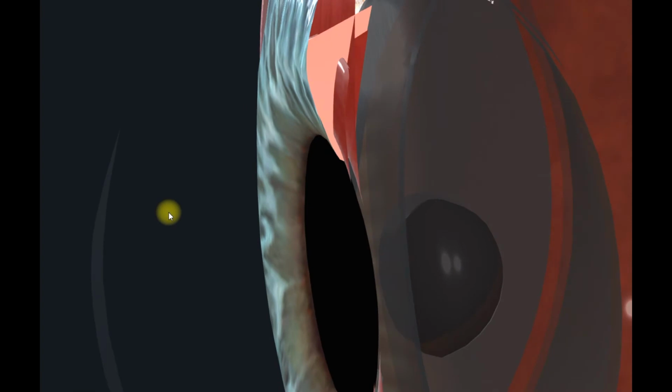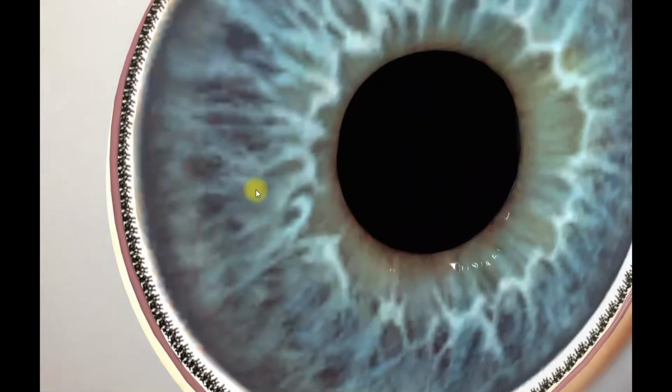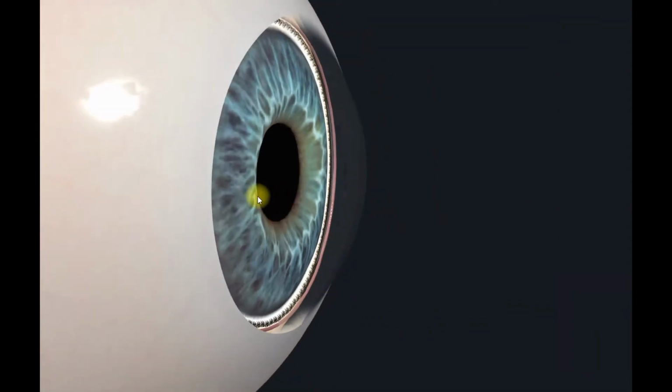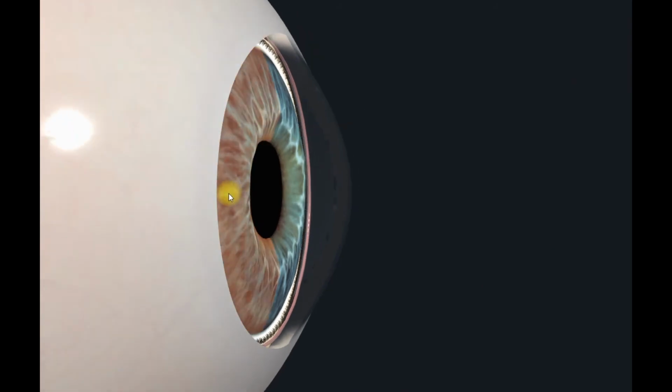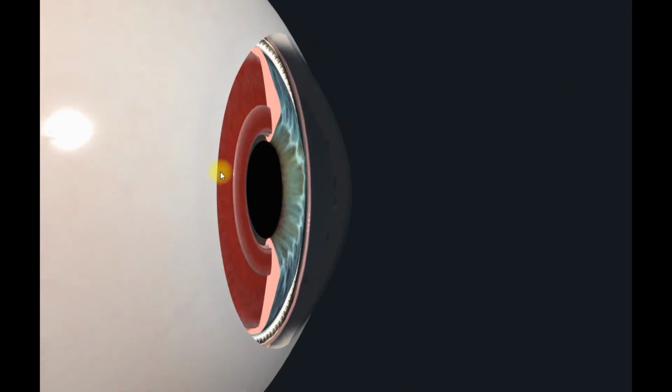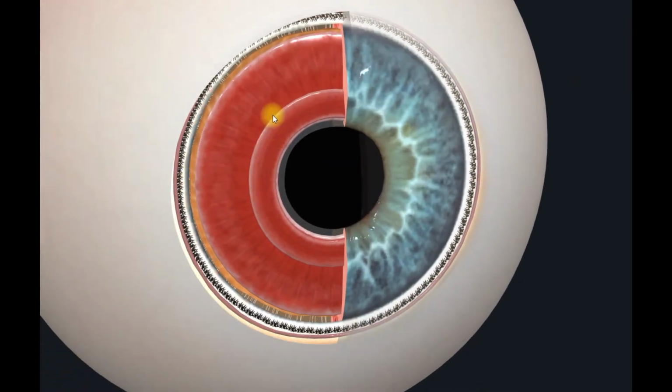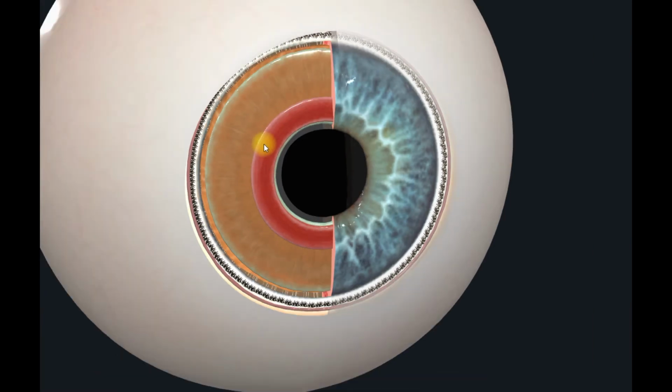It also borders the two chambers, the anterior and posterior chamber of the eye. It has inside two muscles, the sphincter of pupil, which constricts and makes the pupil narrow, and the dilator of pupil, both of them innervated differently.